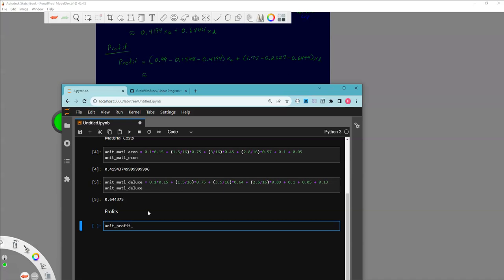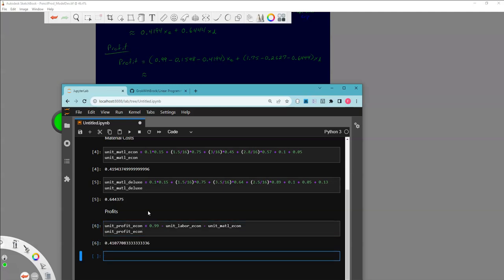So I'll call this unit profit econ is equal to 0.99 minus the variable for the economy labor cost minus the variable for the economy material cost. You get roughly 41 cents.